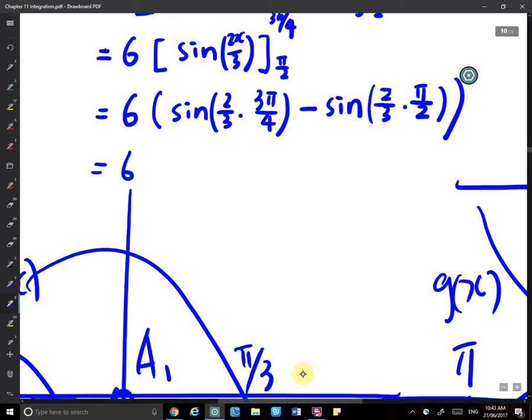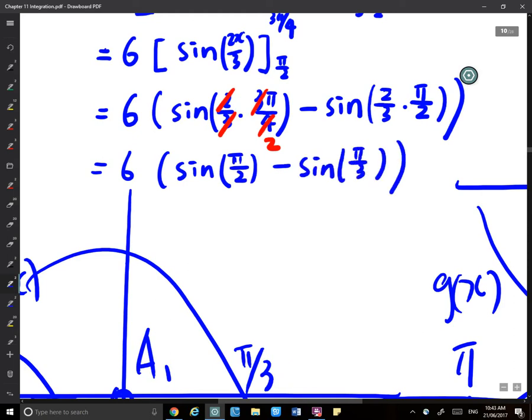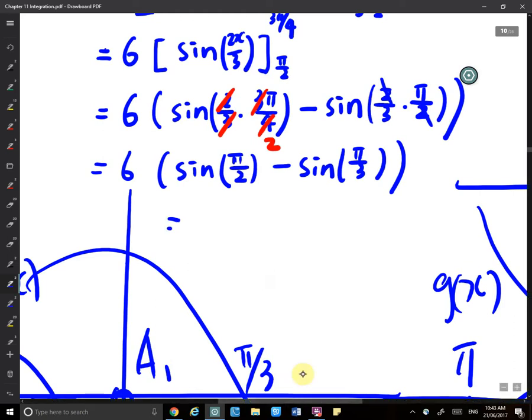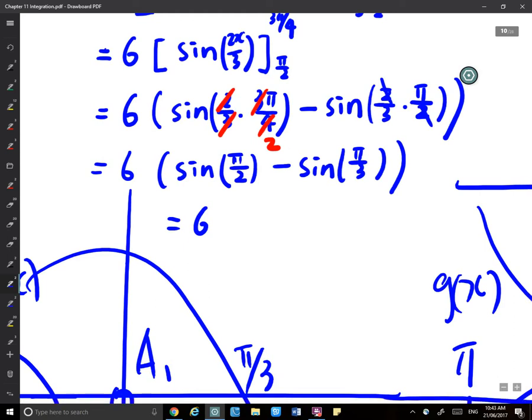Sometimes it's not necessary for the larger number to be on the top. So that you will have sine, when I have 3 and 3 just gone, that becomes a 2, that gone, just pi over 2, minus sine pi over 3. That 2 cancels, just pi over 3. And the 6 is still outside the bracket, 6 is a factor times the whole difference.